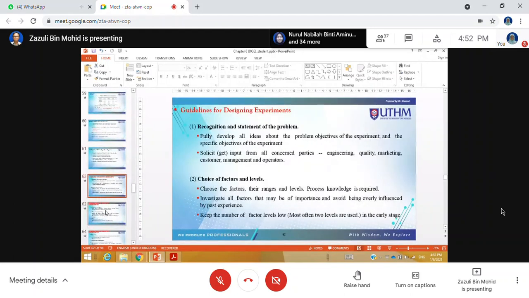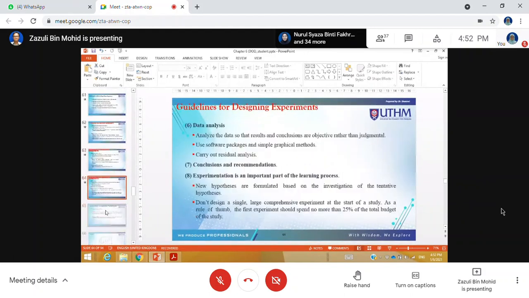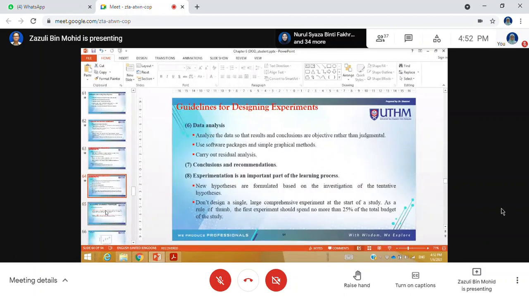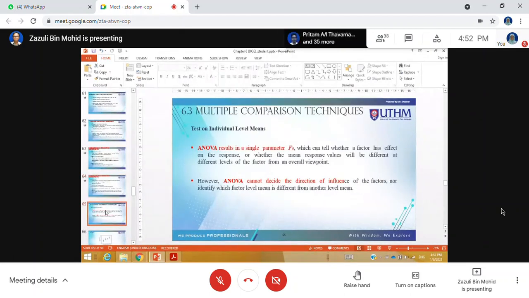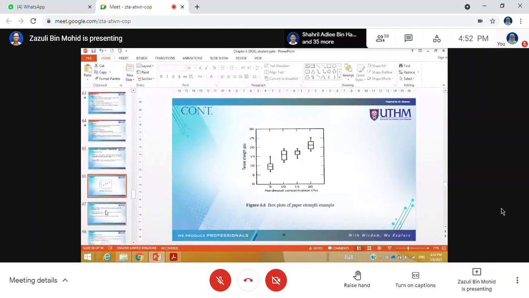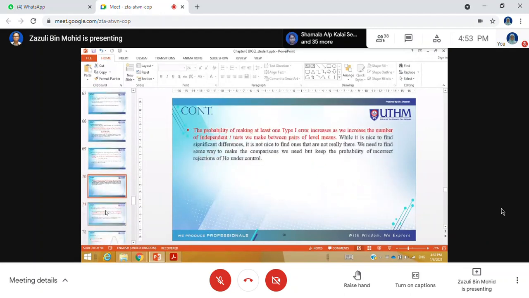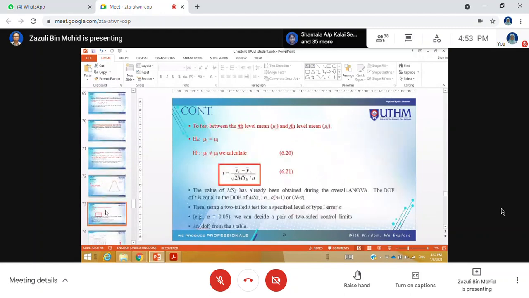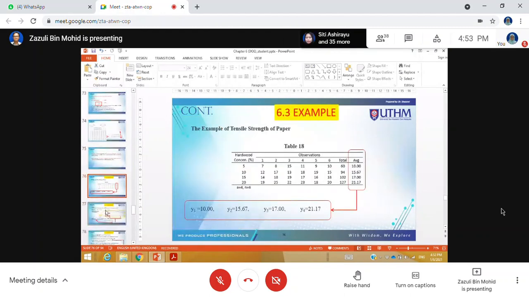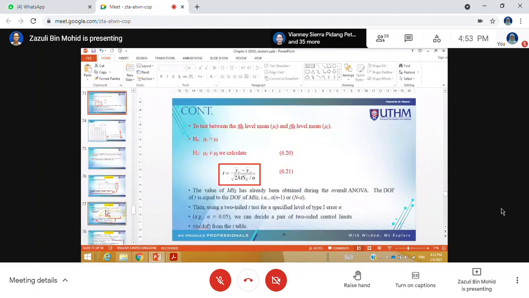Please make sure you understand it and you can do the calculation, and also you can create tables showing the final results before we go to the next multiple comparison techniques in this chapter, which is the last subchapter in this course.